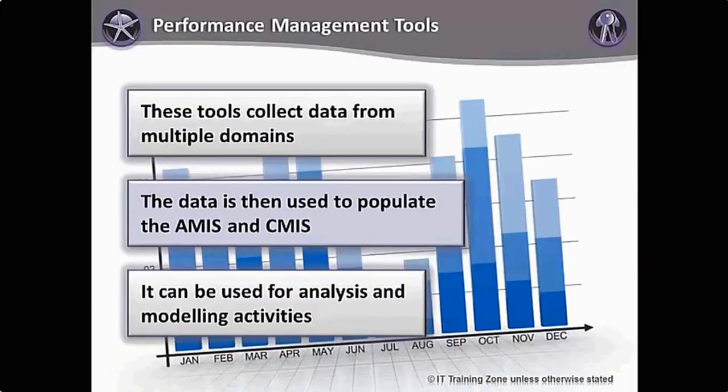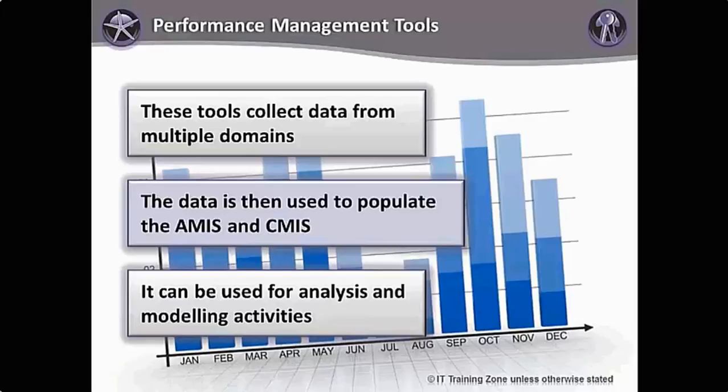We are looking at types of tools and technology that support and provide assistance to continual service improvement. The next type to consider is performance management tools. This type of tool allows for the collection of availability, capacity, and performance data from multiple domains and platforms within the IT infrastructure environment.